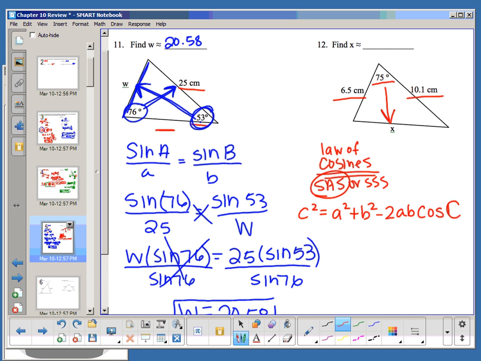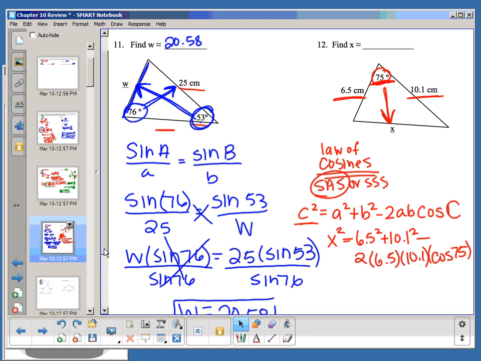Well, the only thing you really need to pay attention to is what's your c. So our angle c is 75. Our side c is always the one across from it. So this is nice because I get x squared as my side I'm trying to find. Equals, it doesn't matter whether you call 6.5 a or 10.1 a. So I get 6.5 squared plus 10.1 squared minus 2 times 6.5 times 10.1 times the cosine. I know the angle is 75.